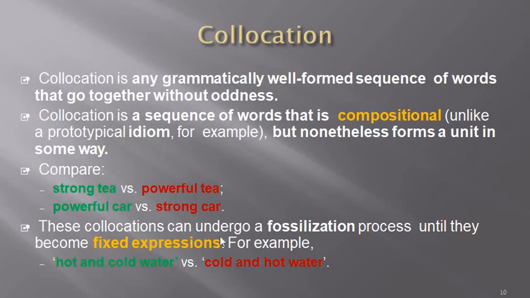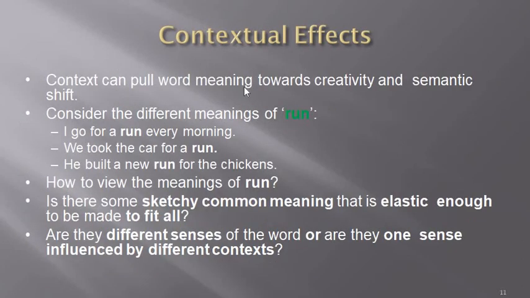These collocations can undergo a fossilization process until they become fixed expressions, for example, hot and cold water, cold and hot water, black and white. So these are basically collocations. While defining the meaning of a word, context also arises because context can affect the meaning. Context can pull word meaning towards creativity and semantic shift.